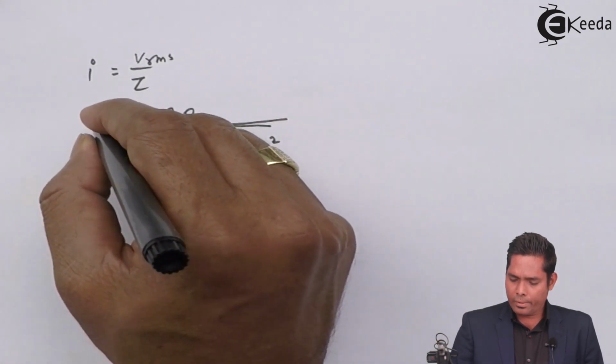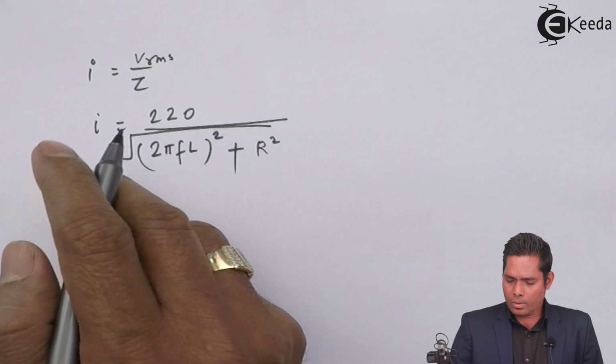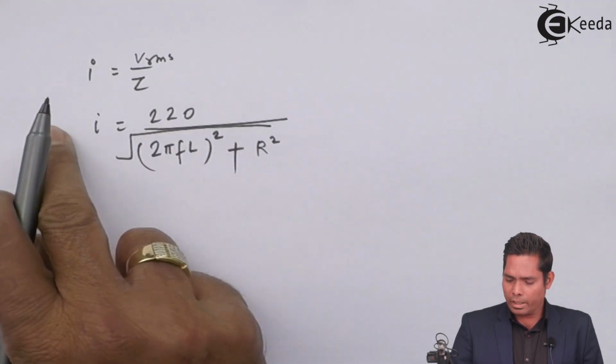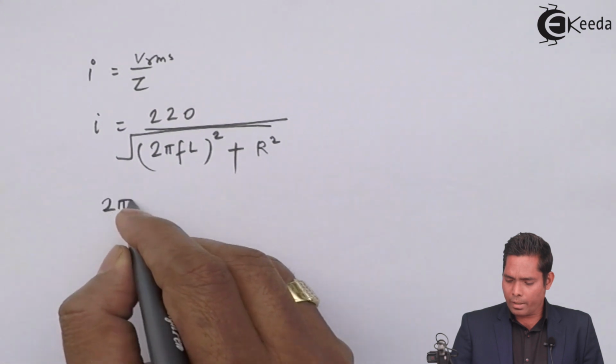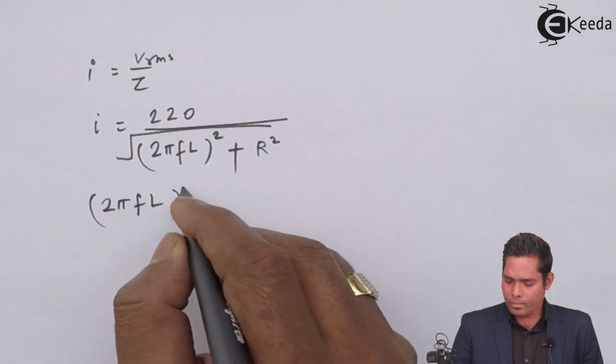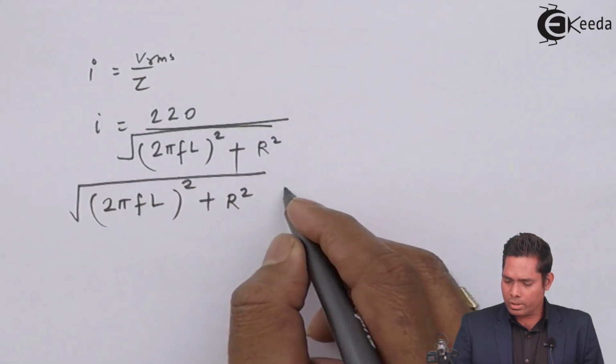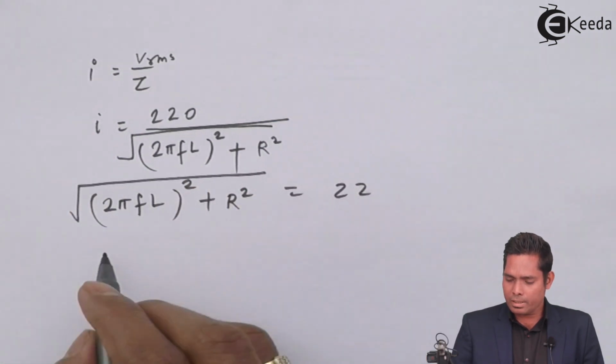This is 10. So this goes, and this is 22 left. This comes to this side. So the root of (2 pi F L) the square plus R square is 22, squaring both sides.